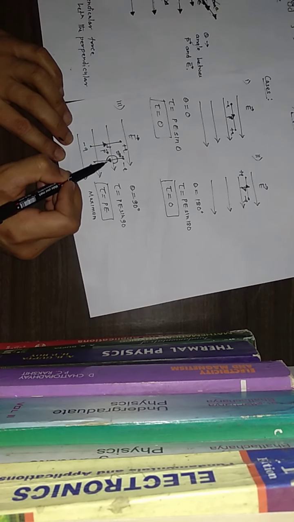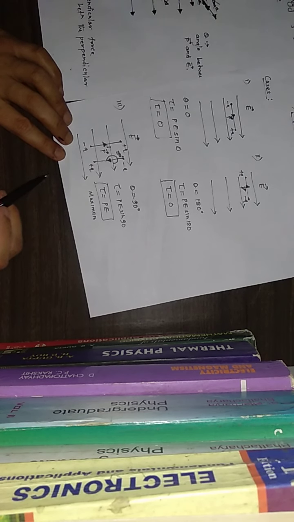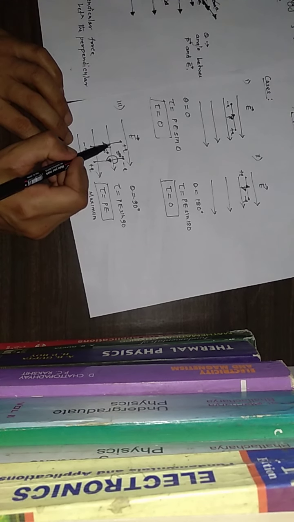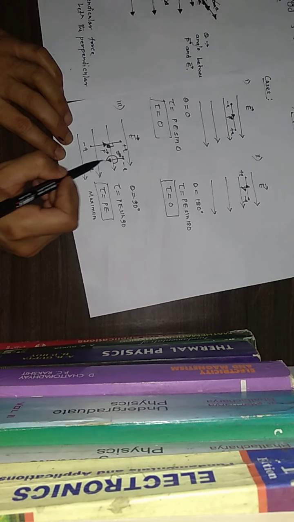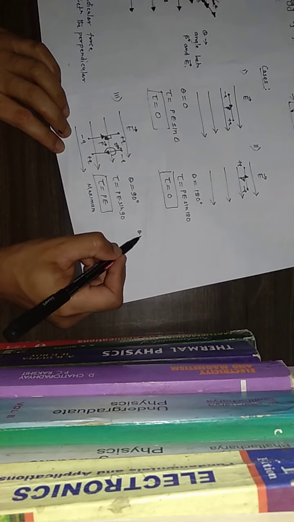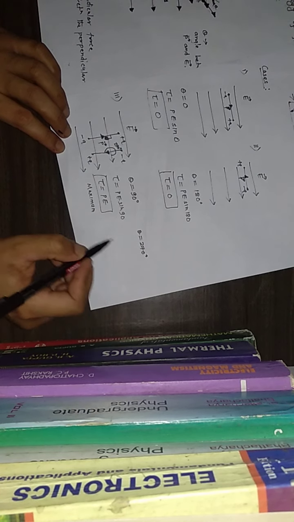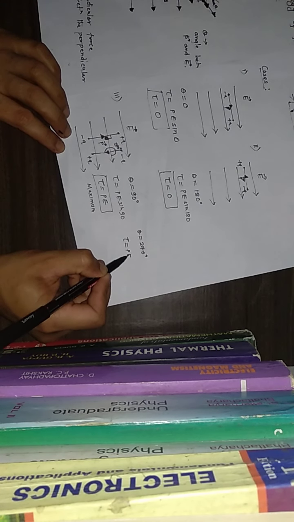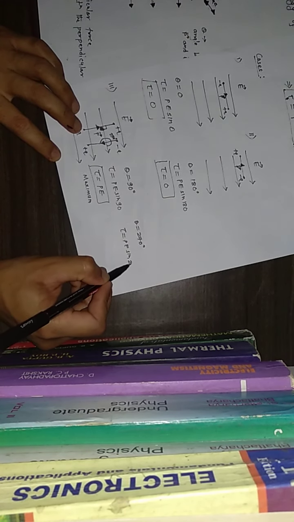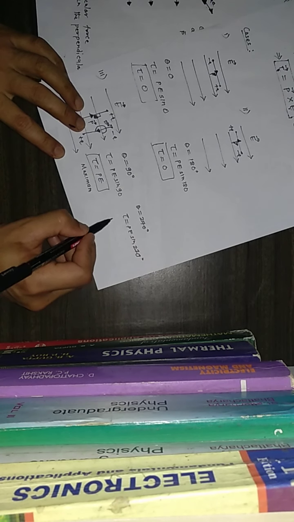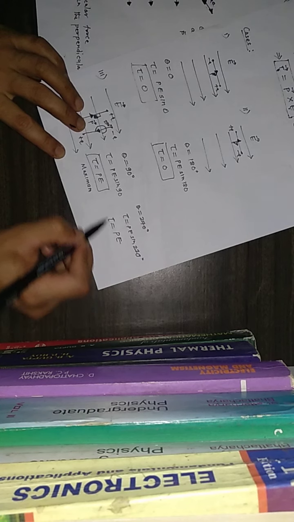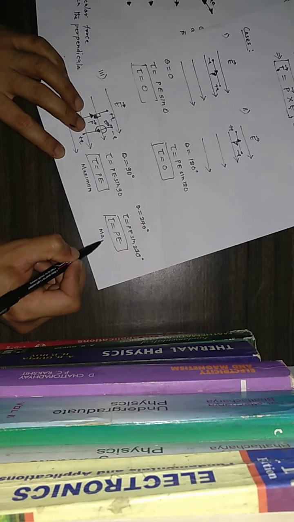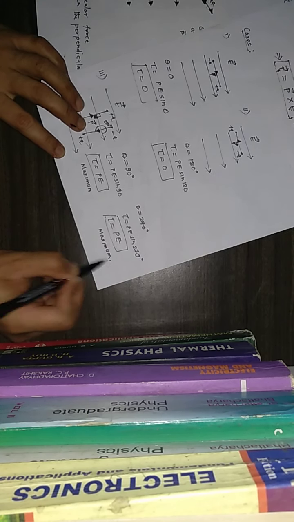Earlier it was 90 degrees, but in this case it will be 270 degrees because P is downward. So even in this case, theta will be 270 degrees, and tau will be PE sine of 270 degrees. Sine 270 is again magnitude 1, so the torque will be maximum. So it will again experience a maximum torque.